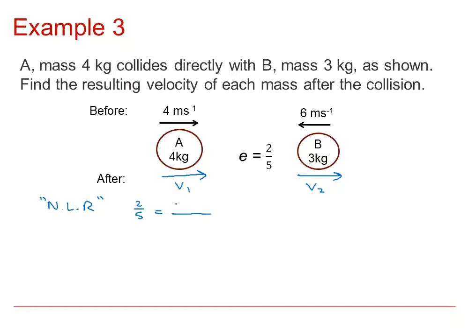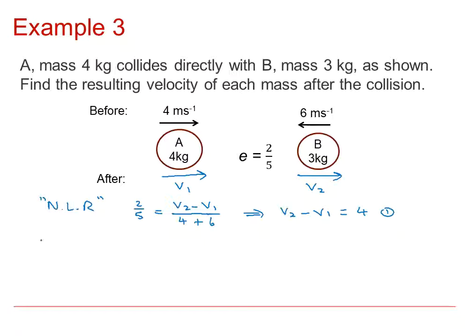So their separation speed must be the bigger v2 take away the smaller v1. Their approach speed, however, if they're travelling towards each other, that's a high impact speed, so the approach speed is 4 plus 6. So simplifying that gives me v2 minus v1 equals 4. So that's my equation 1.